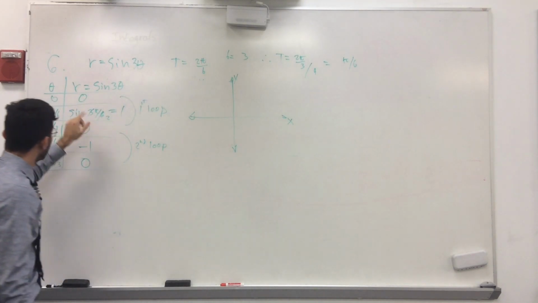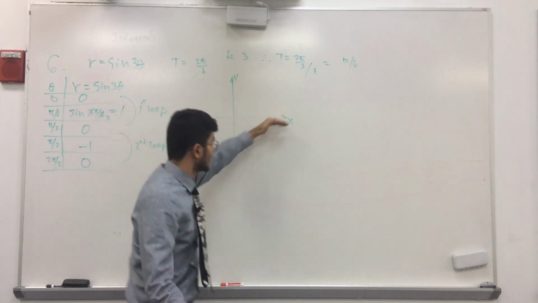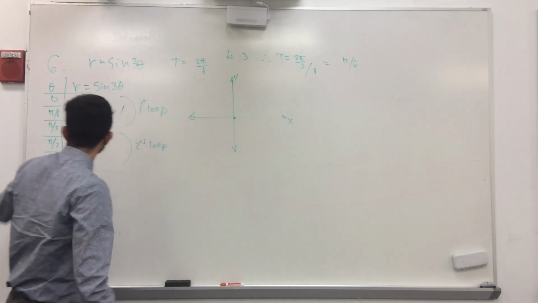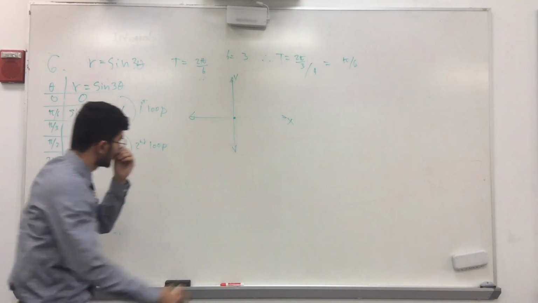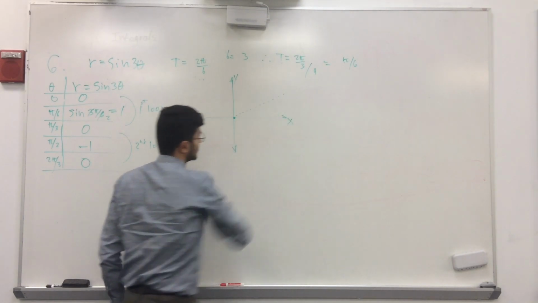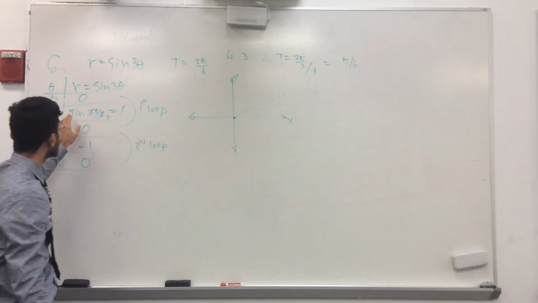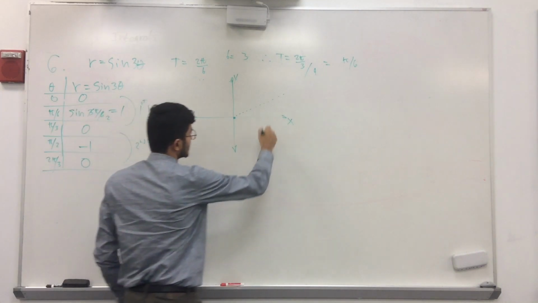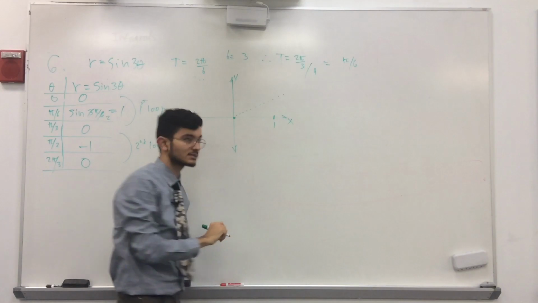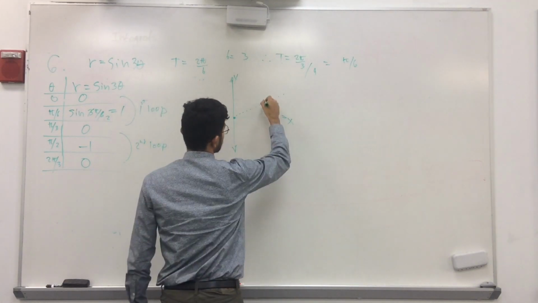At theta equals 0, which is in this direction, r is 0. So we can start with this point. At theta equals pi over 6, which is this angle over here, r is equal to 1. So let's say this is 1, which means that 1 should be around here.